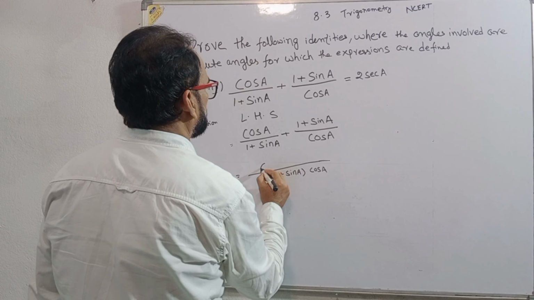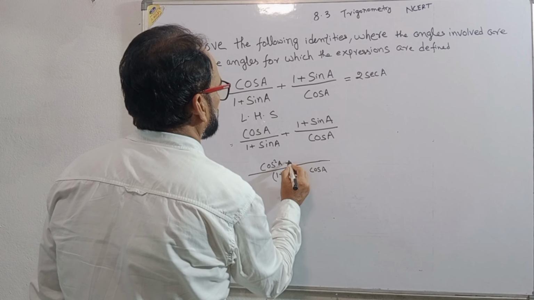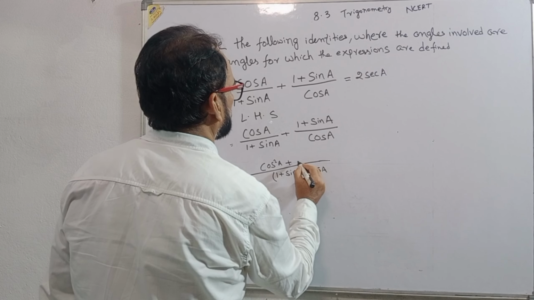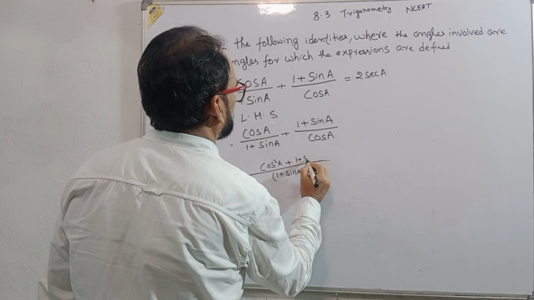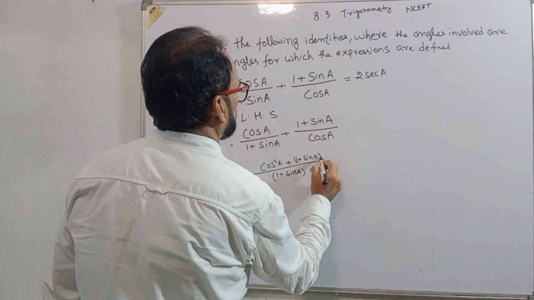Here cos square A plus 1 plus sin A, whole square.